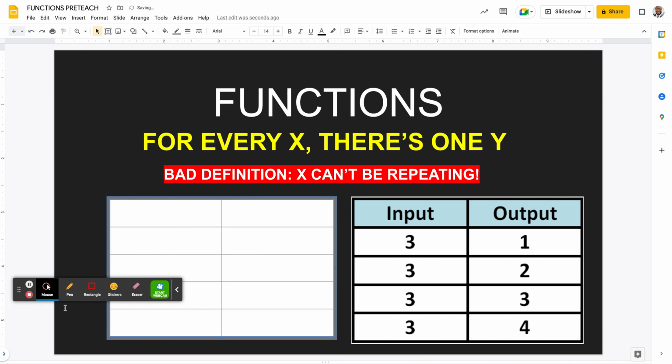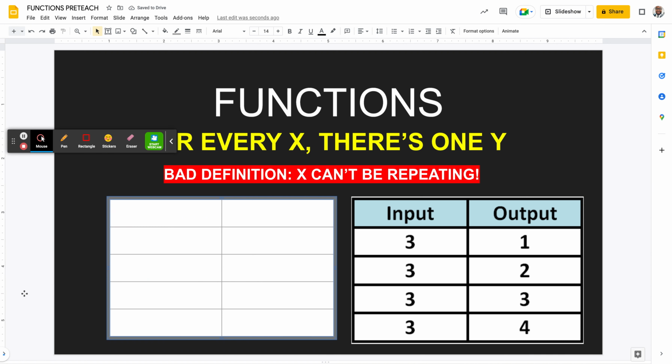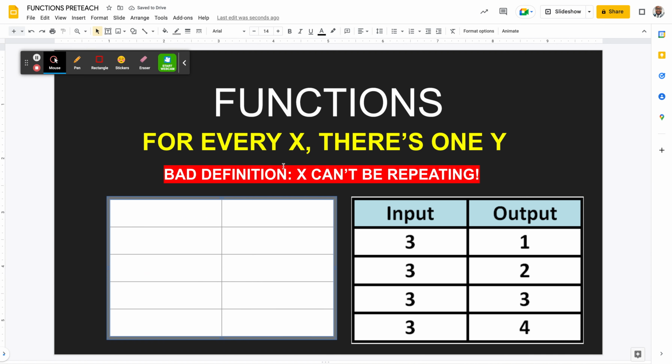Alrighty. Using very similar logic, for every x there's one y, and we know this is not a function, but x can't be repeating. I want to show you something here. And I didn't want you to see in advance. I wanted you to focus on this. This is why I'm doing it live, or one of the reasons why I'm doing it live.